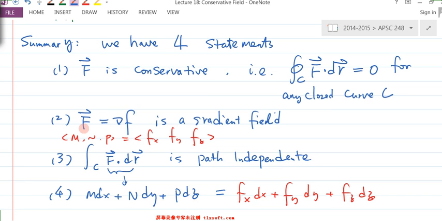F has to be somehow from a scalar function f, small f. Does that make sense? So if F is conservative, then you will be able to generate this vector field F by doing the gradient operation on a scalar function f. So the question is, how do I find that small function f, or scalar function f, here?